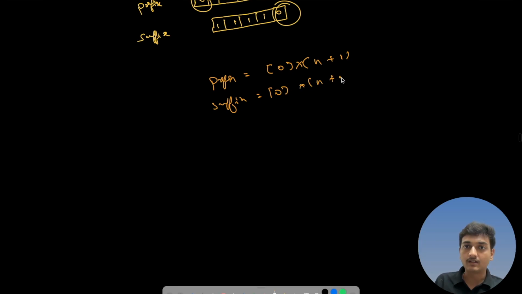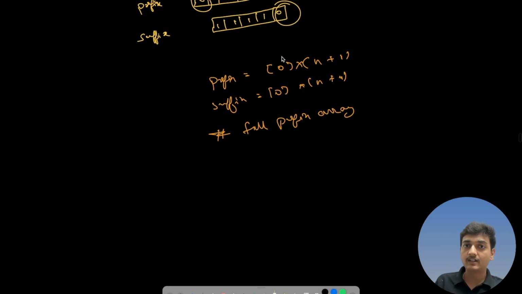So let me write a prefix array of 0s, and the size should be n plus 1, and the suffix also with zeros, and size should be n plus 1. Now I need to fill the prefix array.